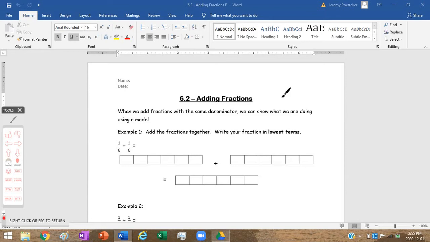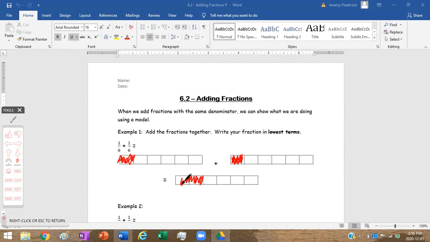So we're going to add these fractions together. We want to write our answer in lowest terms. So we want to say 1/6 plus 1/6. Well, let's show what 1/6 would look like. So we'll shade in 1/6 of this little strip of fraction here, and 1/6 of this one. All right, so we've got these two pieces, and we add them together, and now we've got two of these little shaded pieces.